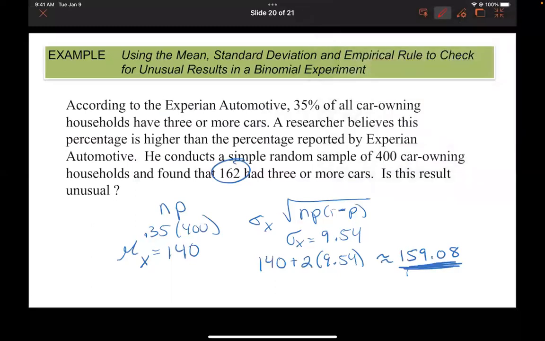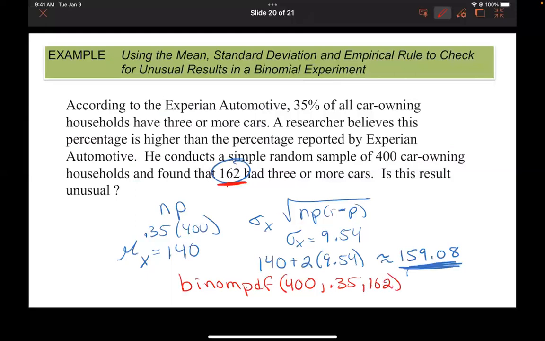So in your calculator, because this 162 is an exact amount, we'll use binompdf. We have a sample size of 400. We have a 35%. And then we want exactly 162 successes.